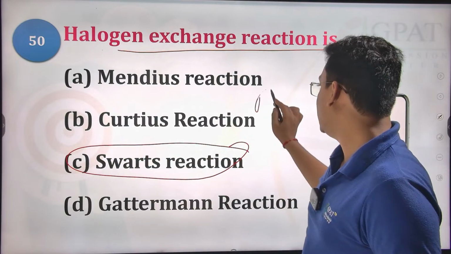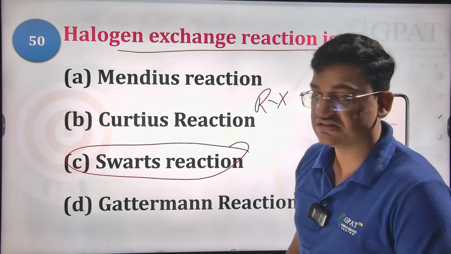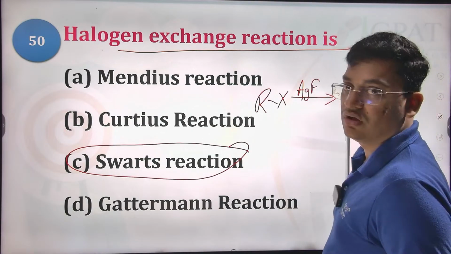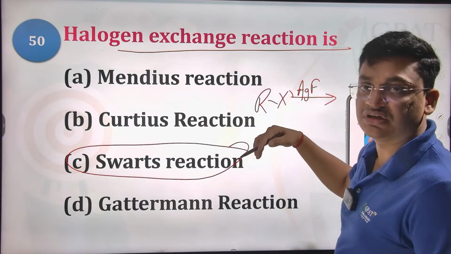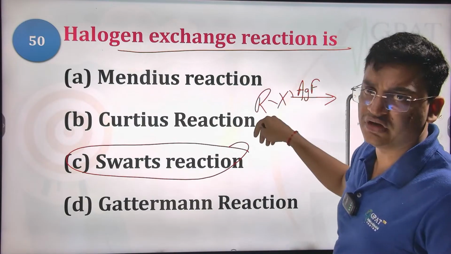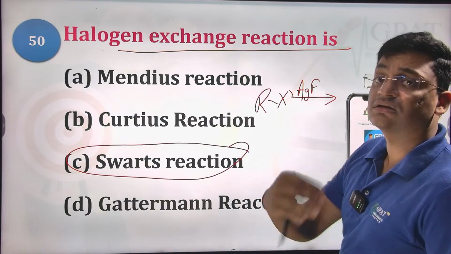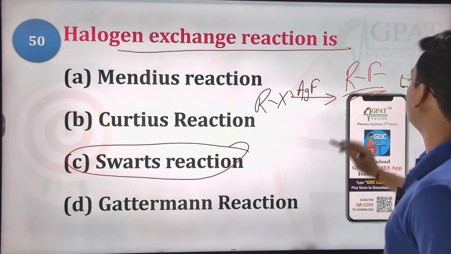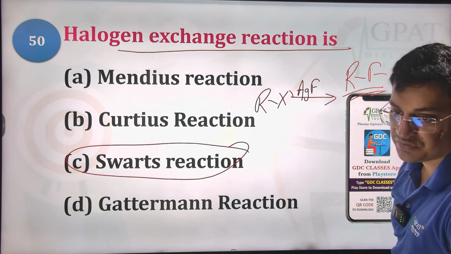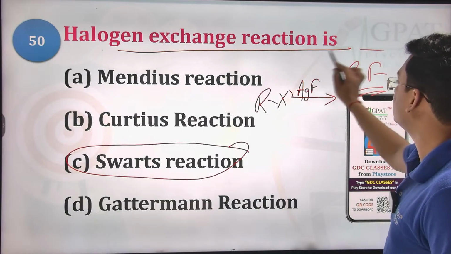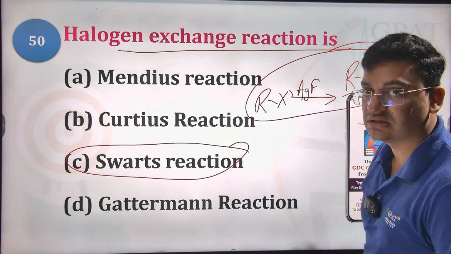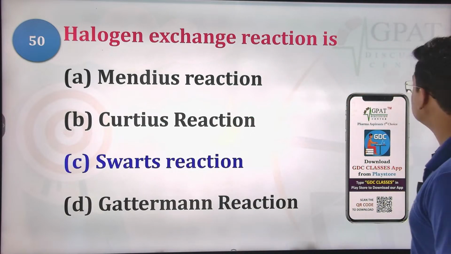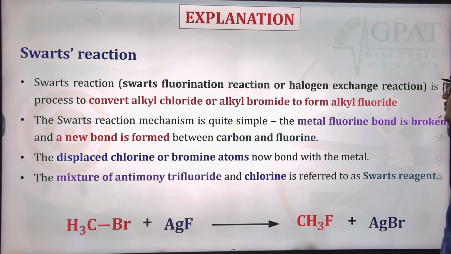When a haloalkane is reacted with AgF, this halogen, it could be fluorine or chlorine, gets substituted with fluorine and the formation of fluoroalkane is possible. So it's a halogen exchange reaction, also known as Schwarz reaction. So yes, C is the right answer for this question.